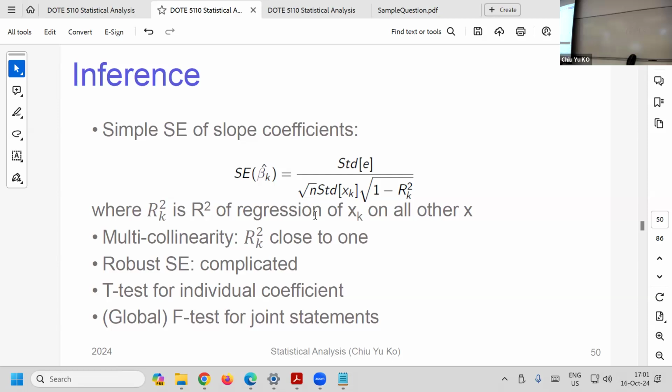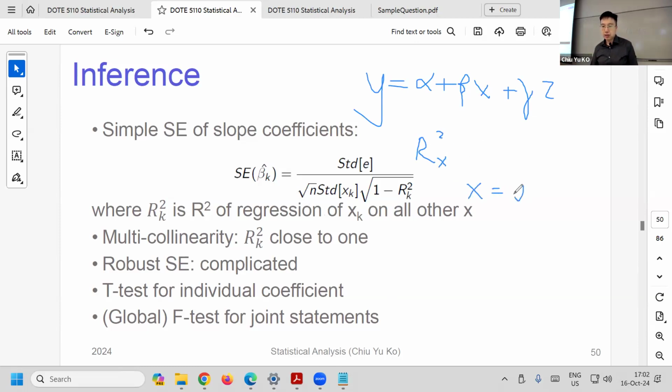Okay? Maybe make it easier. Consider a regression like this, y equals alpha plus beta x plus gamma z, say, three variables. And what is R square of x? You actually run the regression of x on alpha, beta, z, and look at the R square of this.